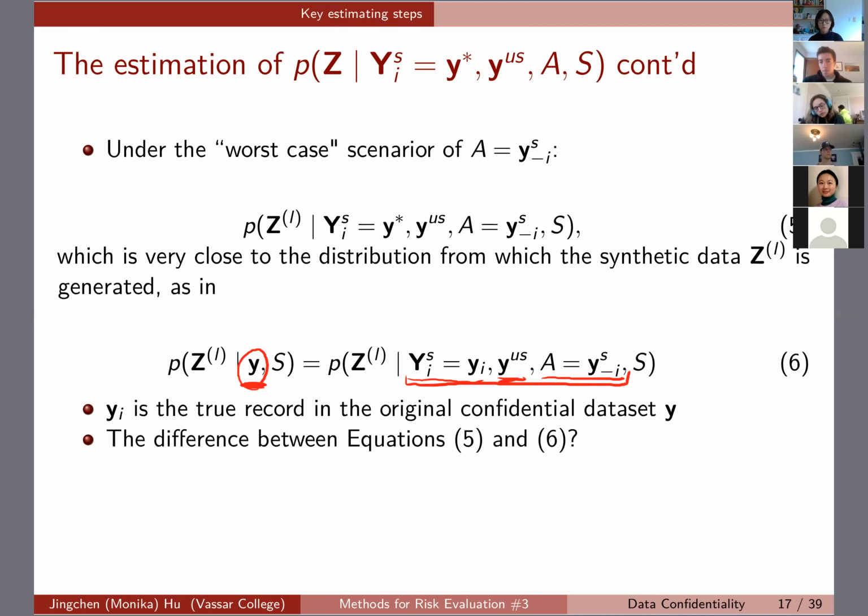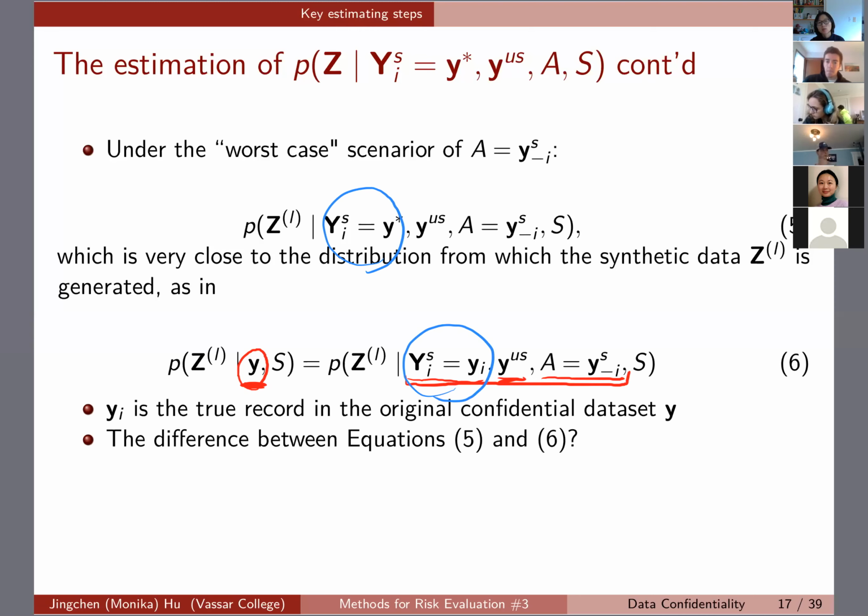So it's very similar between 5 and 6. Even though I posted it as a question, the difference between equations 5 and 6, once we expand it, you can see that the only difference really is about this part and this part. Equation 5 is what we want to estimate.